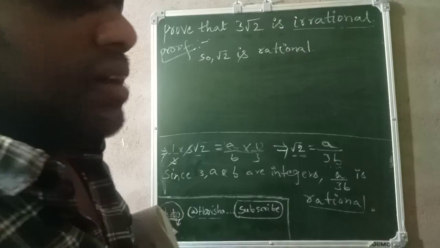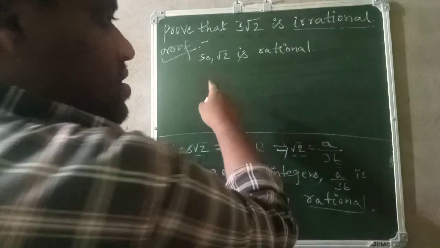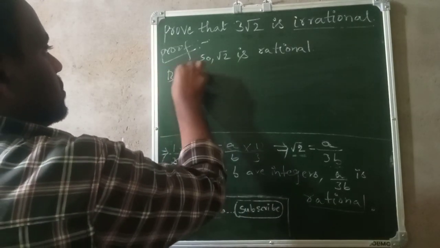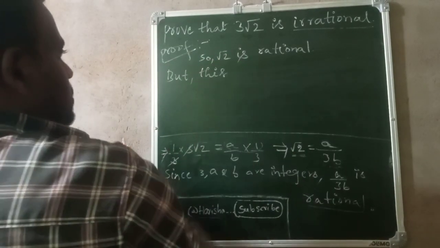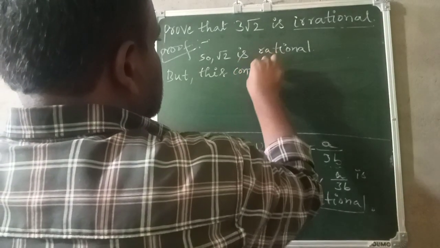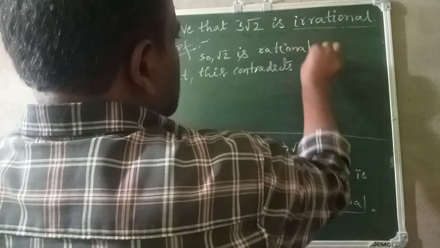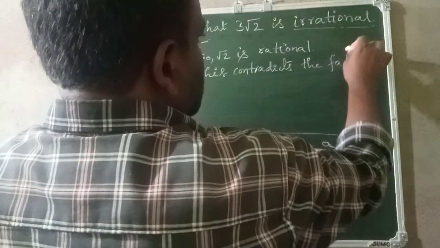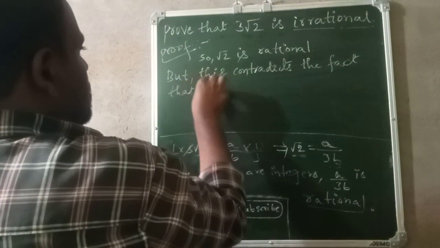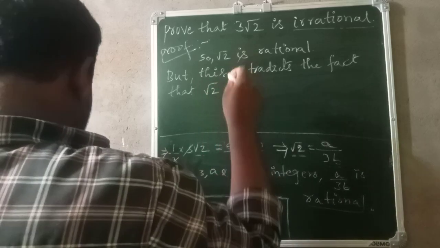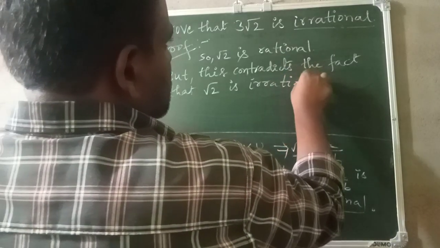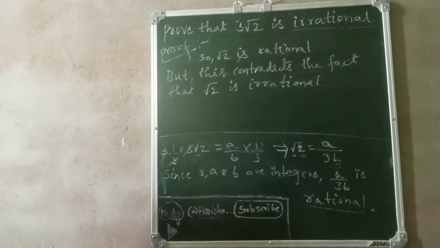So when you get the opposite, we will say contradiction. Contradict. So I will write the same thing in sentence form. But this contradicts the fact that root 2 is irrational.